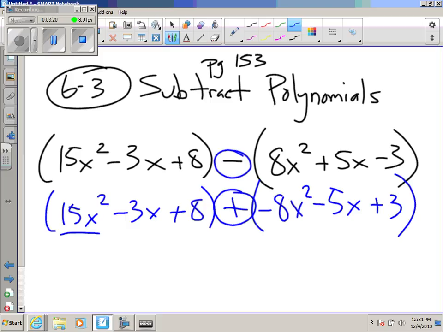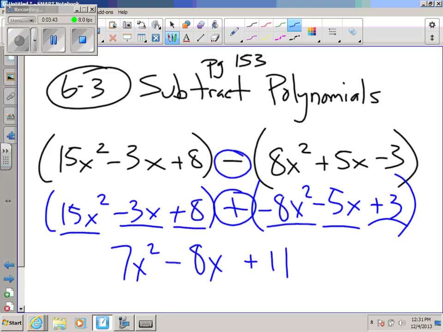So the 15x squared with the negative 8x squared is a what? The negative 3x with the negative 5x are both negative, so we should get negative 8x. And then the 8 with the 3, positive 11.